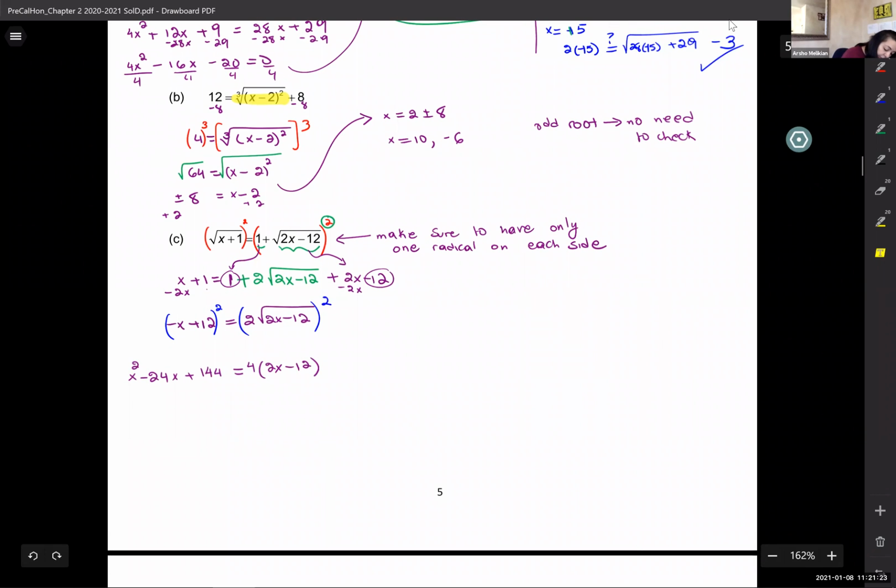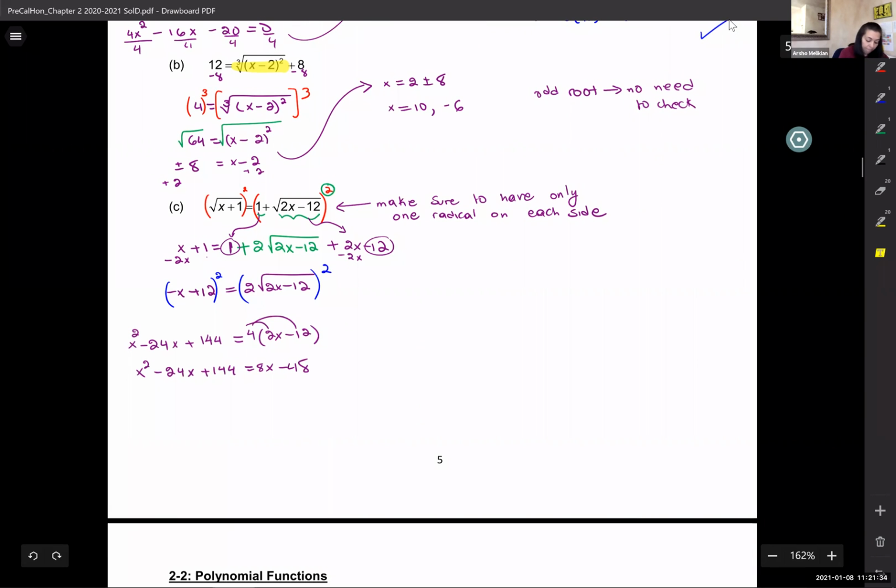All right, so when I distribute the 4, I get 8x minus 48. Okay, now I get x squared, subtract the 8x, minus 32x, plus 192, equal to 0, right?